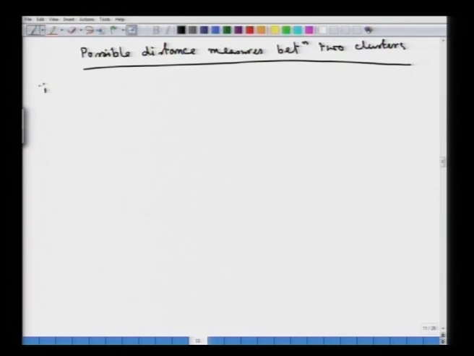Now, the first type of distance that is proposed is what is called the single linkage. There are single linkage, complete linkage, then we have average linkage, centroid distances and other types of things.